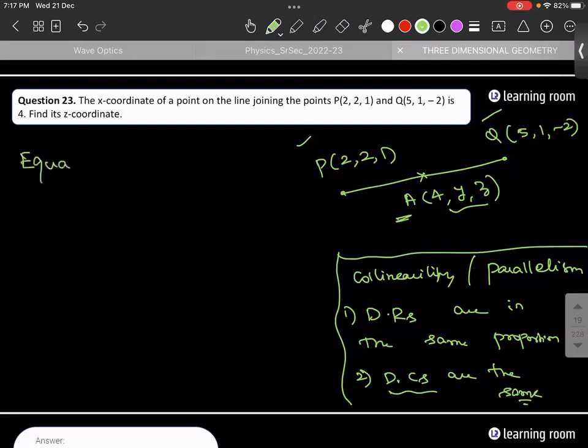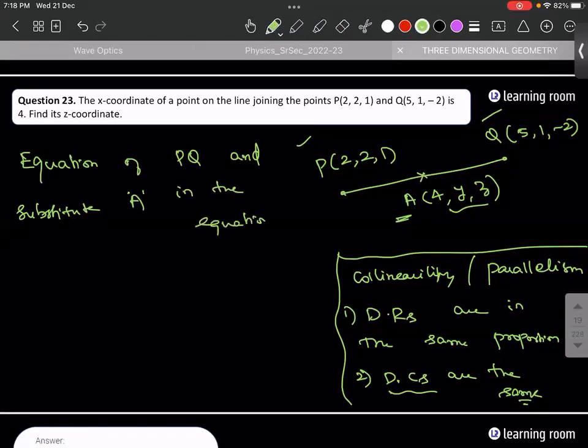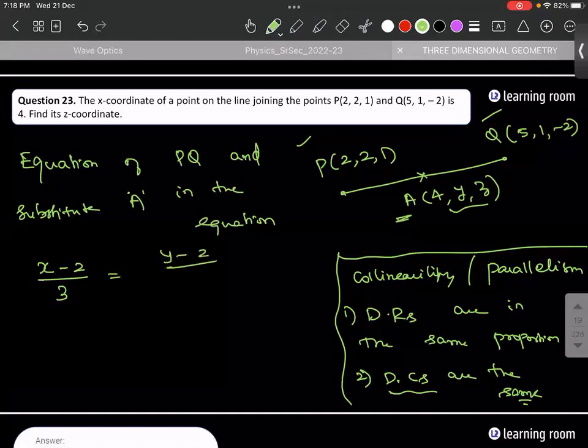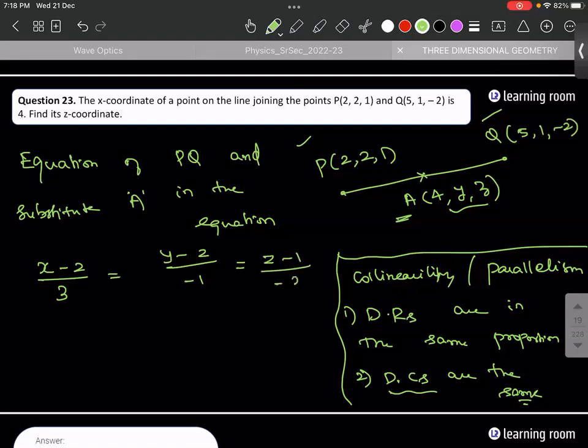Find the equation of PQ and substitute A in the equation. That is another way. So what is the equation of PQ? x minus x1 divided by 3 is equal to y minus y1 divided by minus 1 is equal to z minus z1 divided by minus 3.